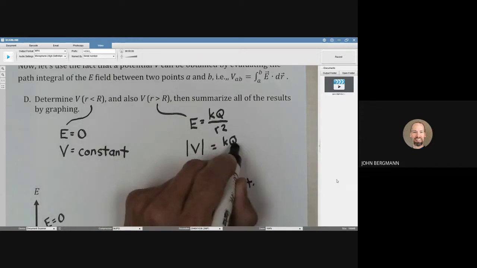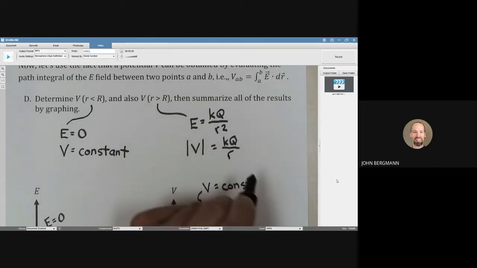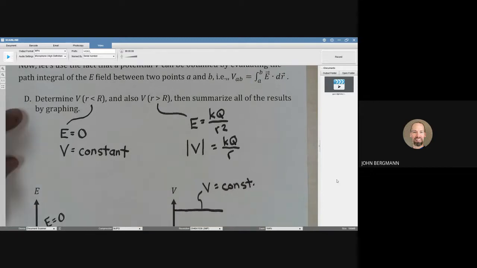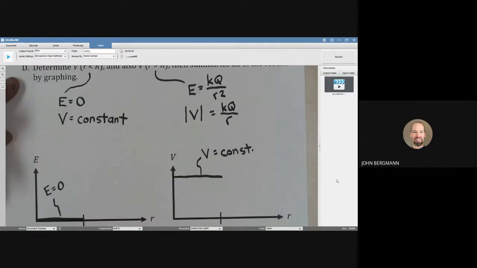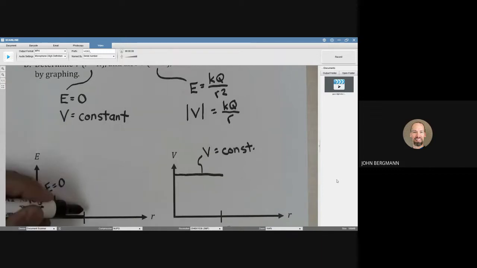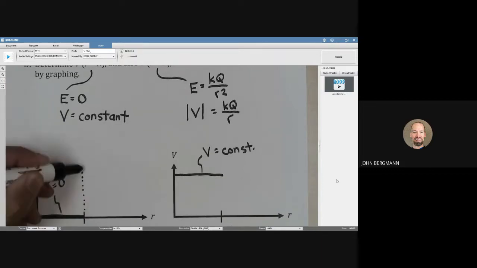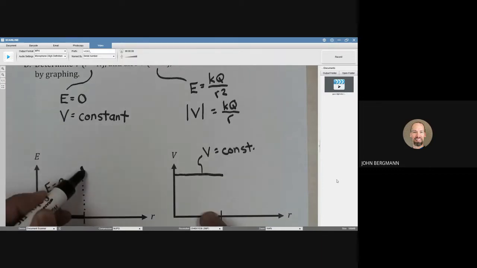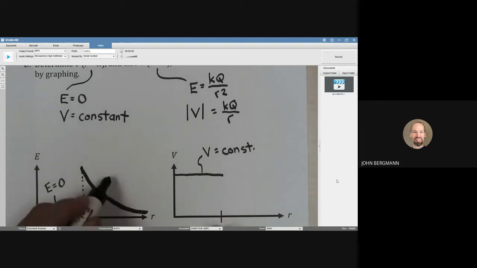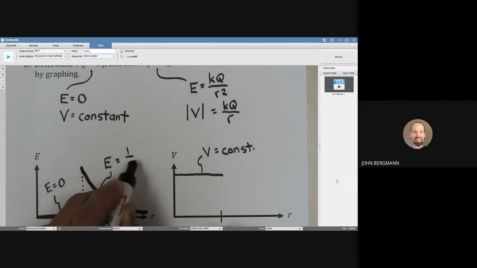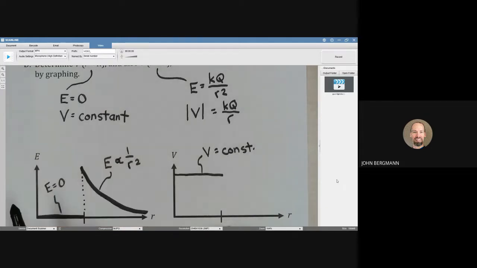That r in the denominator, it won't be to the second power, it'll only be to the first power. So that means in our graphs here, the electric field spikes up, and then it's going to swing down like that, proportional to 1 over r squared, not equal to, proportional to 1 over r squared.